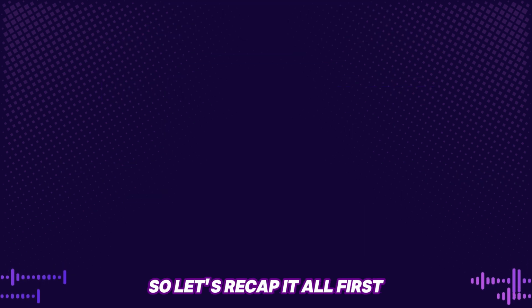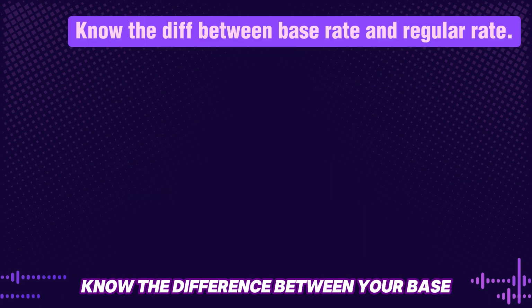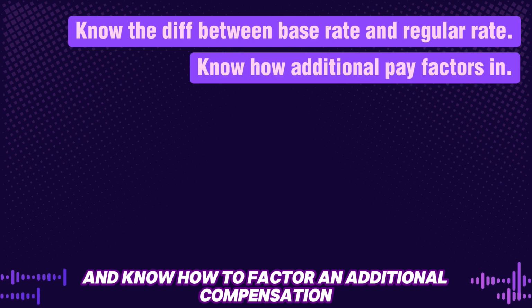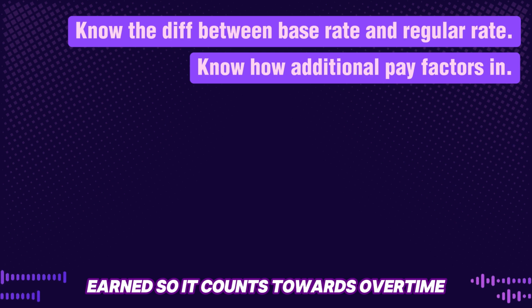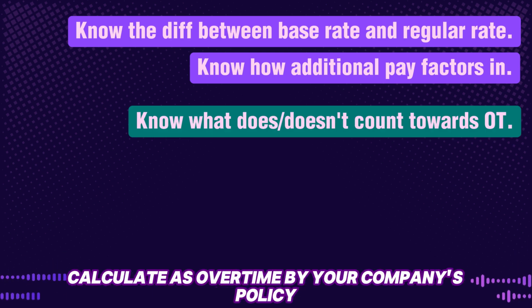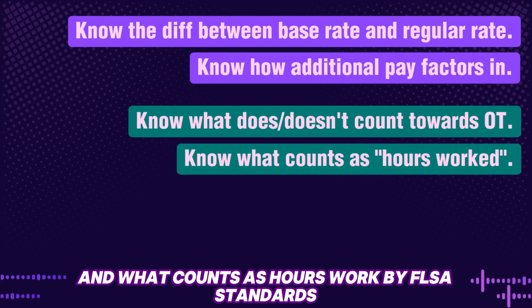So let's recap it all. First, know the difference between your base pay rate and your regular pay rate, and know how to factor in additional compensation earned so it counts towards overtime. Next, be sure you understand what does and doesn't calculate as overtime by your company's policy and what counts as hours worked by FLSA standards.